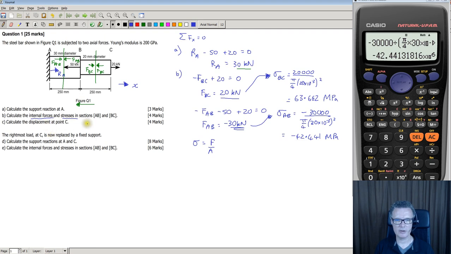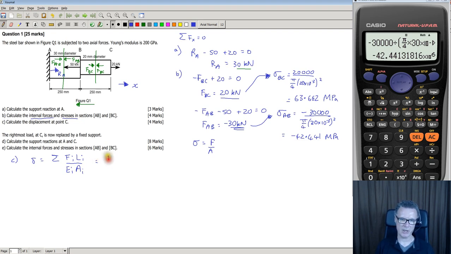Now for C, for the displacement. I want to refer to your formula sheet here, but displacement is going to be the sum of internal forces times the lengths of their particular sections, divided by the Young's modulus and the cross-section area of those particular sections.